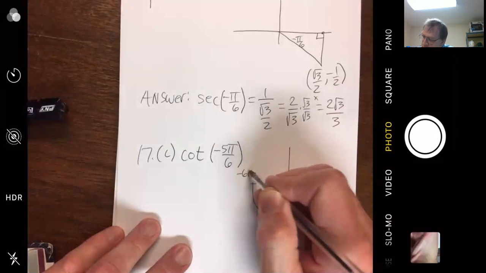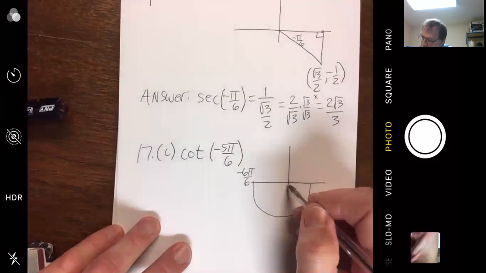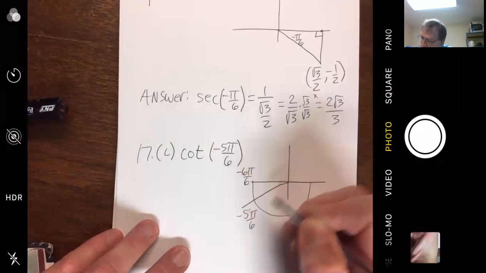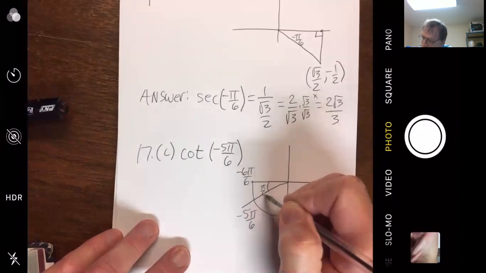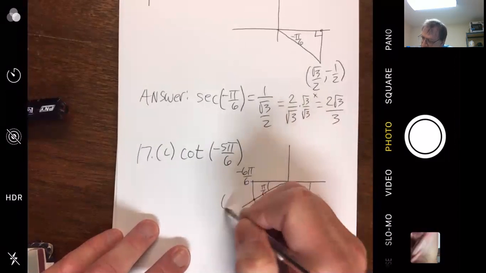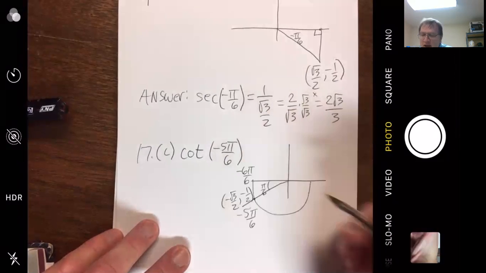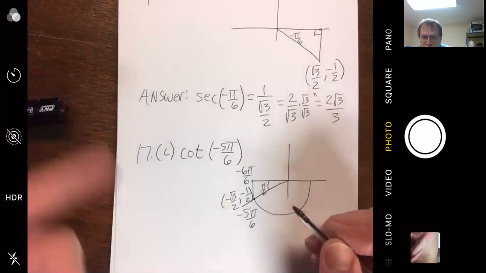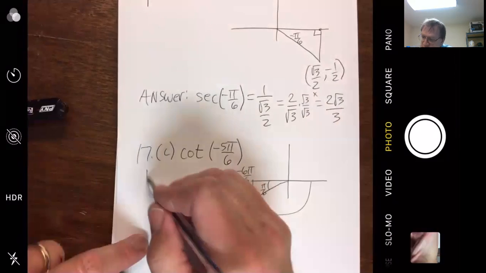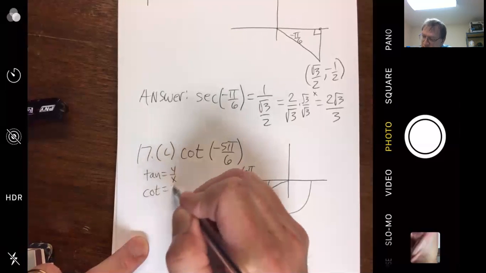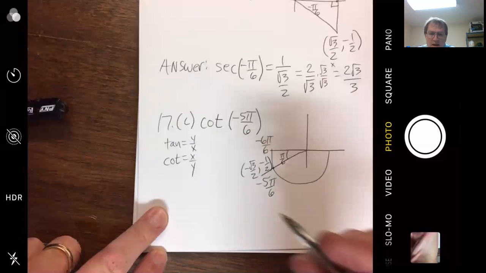Negative 6 pi over 6 back that way, so negative 5 pi over 6 is pi over 6 short. And once again, coordinates there, negative root 3 over 2 and negative 1/2. And your cotangent is tangent's y over x. Cotangent is then x over y.